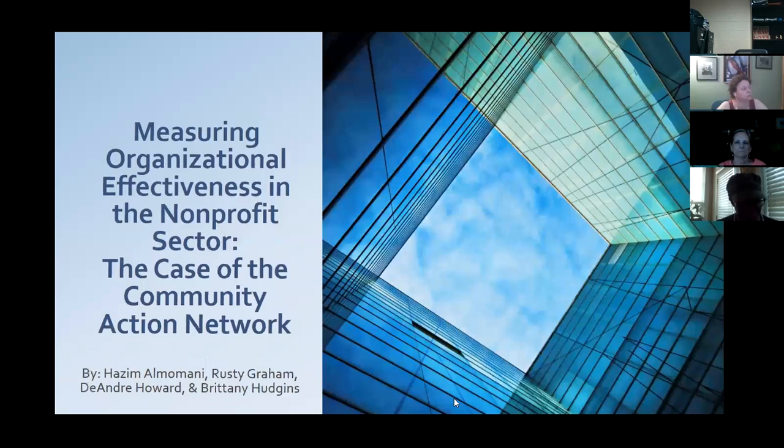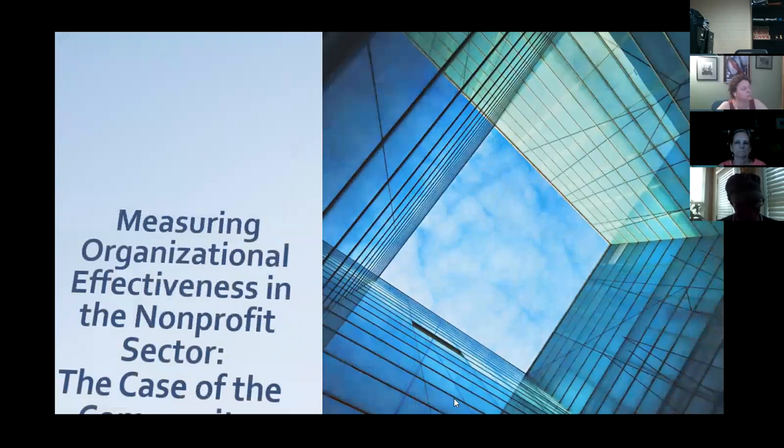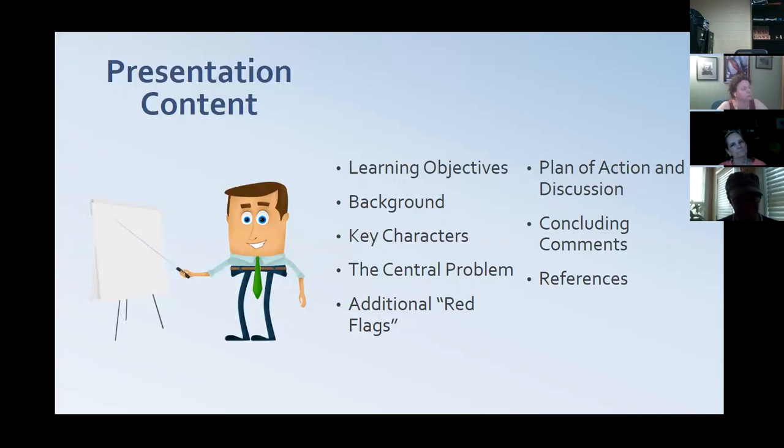So our presentation content includes learning objectives, background, key characters, the central problem, additional red flags, plan of action and discussion, concluding comments, and references. Mr. Graham will be talking about the objectives, the background, and key characters.